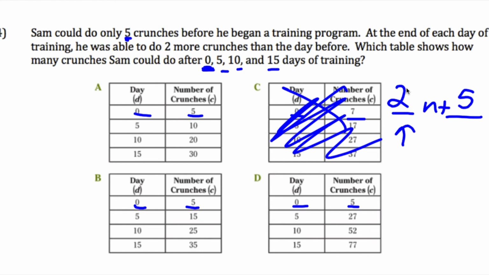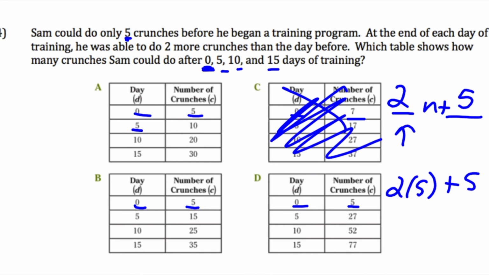All right, so on day 1, he could do 2 times 1 would be 2, plus 5 would be 7. Okay, but our table just goes in increments of 5. Okay, so let's do 5. 2 times 5 is 10, plus 5 is 15.